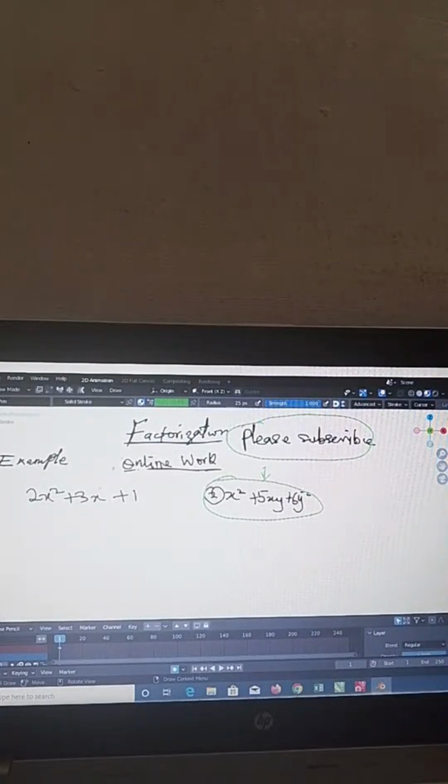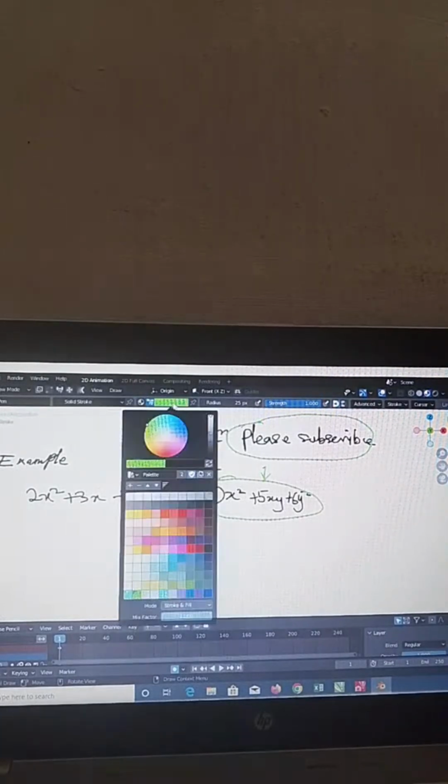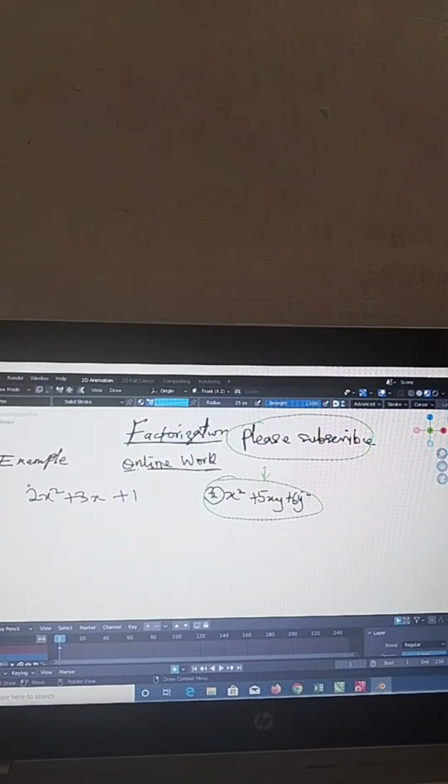Now before you can solve this type of question, you need to multiply the coefficient of x squared with the constant. So you multiply this to this. If you multiply it, you have 2. Then you will look for two numbers.